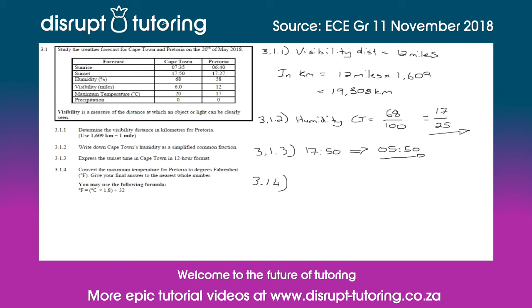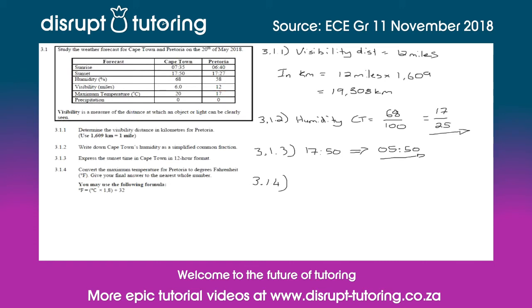3.1.4. It says convert the maximum temperature for Pretoria to degrees Fahrenheit. Give your final answer to the nearest whole number. They've given you the formula for converting from degrees Celsius to degrees Fahrenheit. Again, reading off the table, we have our maximum temperature for Pretoria, which is 17.